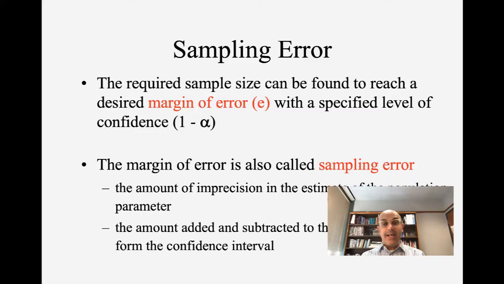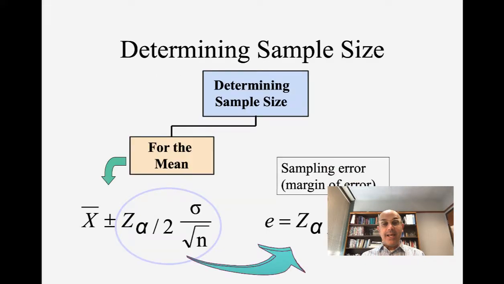The margin of error is also called sampling error, and it provides the amount of imprecision in the estimate of the population, or the amount to add or subtract to the point estimate to reach the confidence level. So how do we determine the sample size?